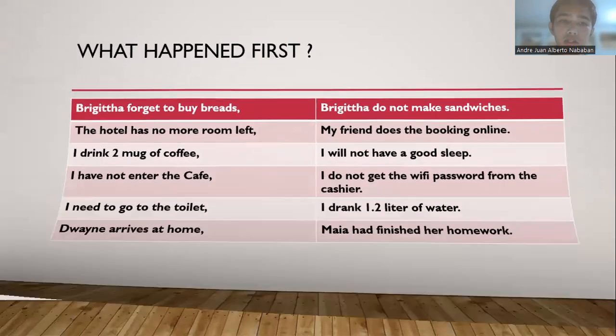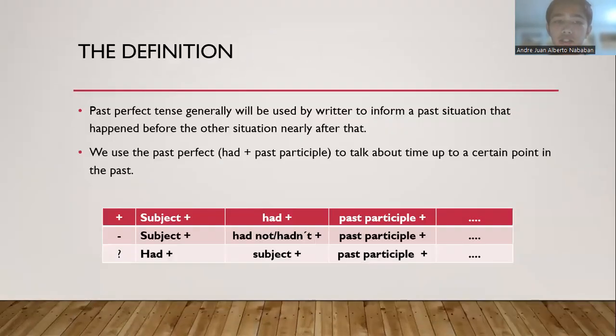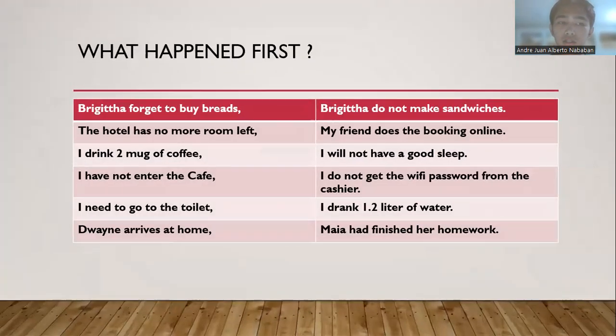So after we learn about the definition and the formula, I want to give an exercise to you guys. I want to challenge you guys and also myself here. The exercise is to define which situation or which action happened first. So basically, we are going to change all these sentences that I wrote here into the past tense.